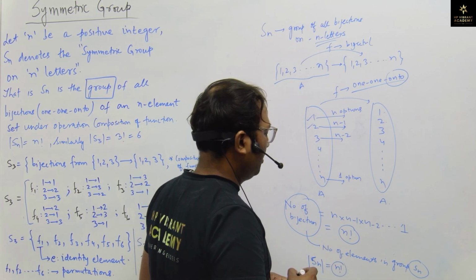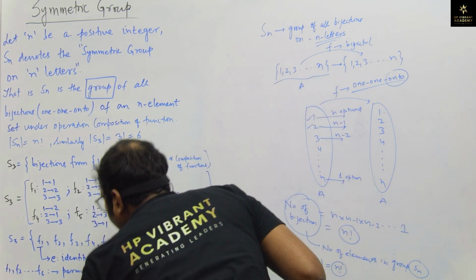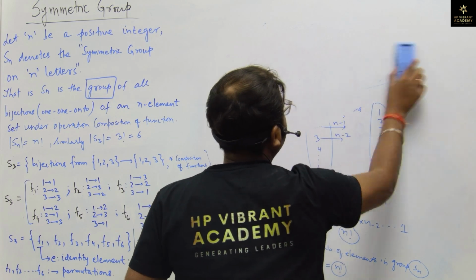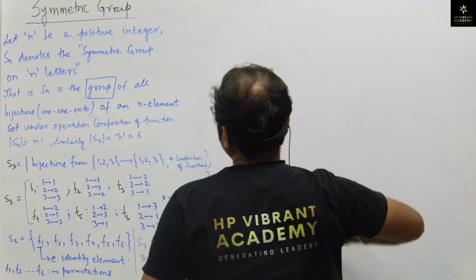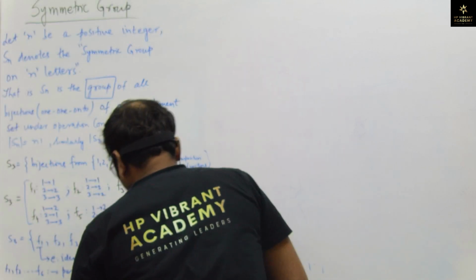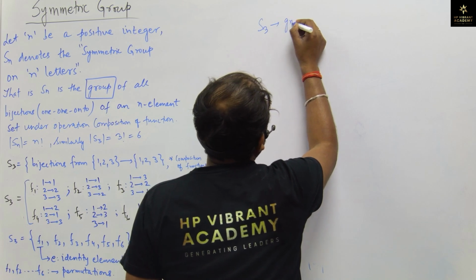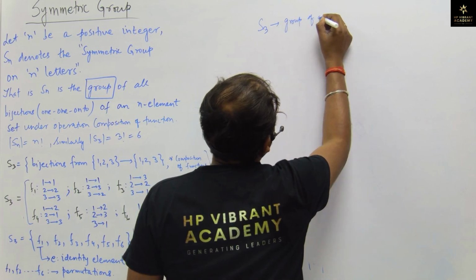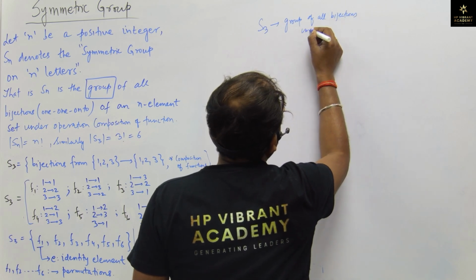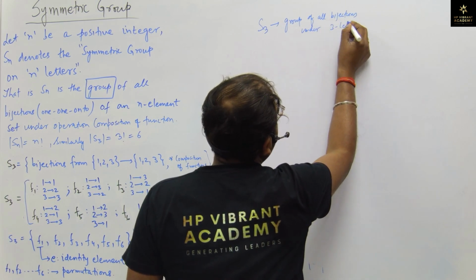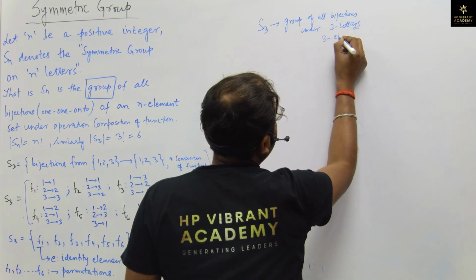Now let us analyze this with a symmetric group, that is S3. S3 is the group of all bijections under 3 letters, a 3 element set.